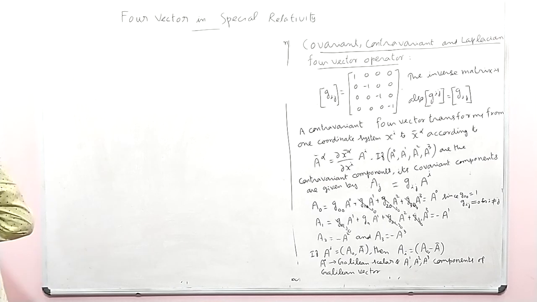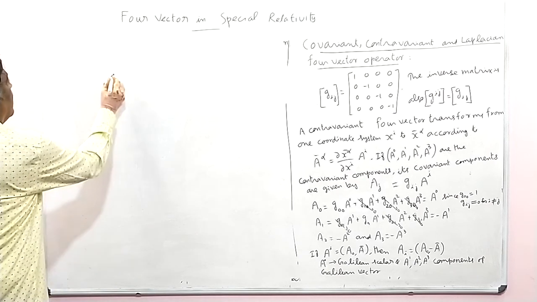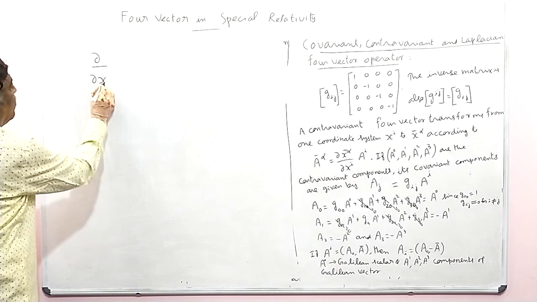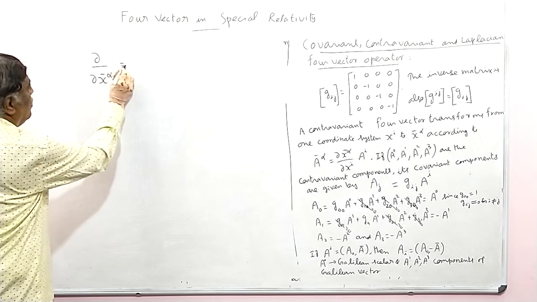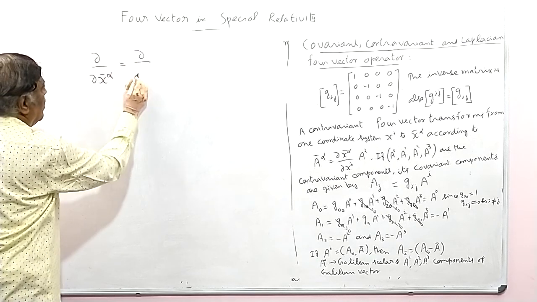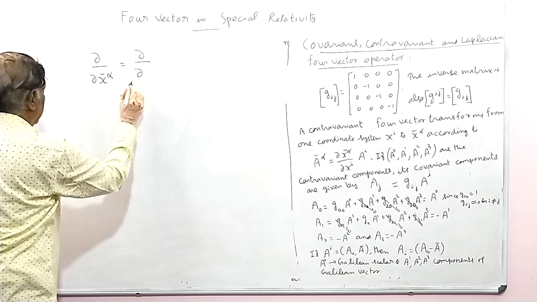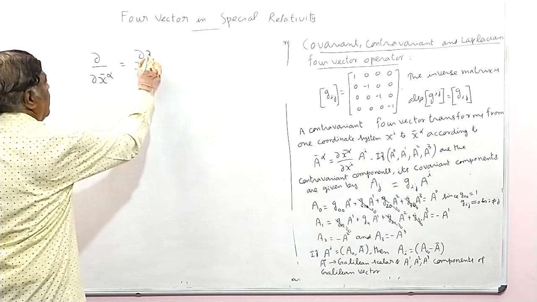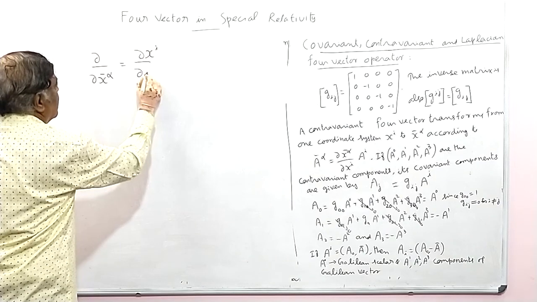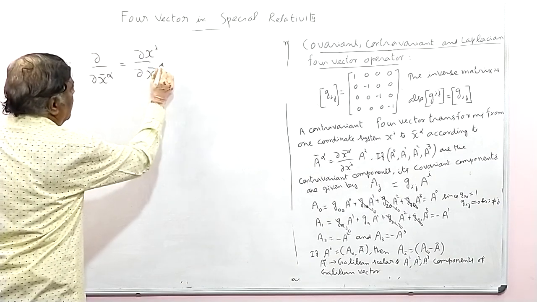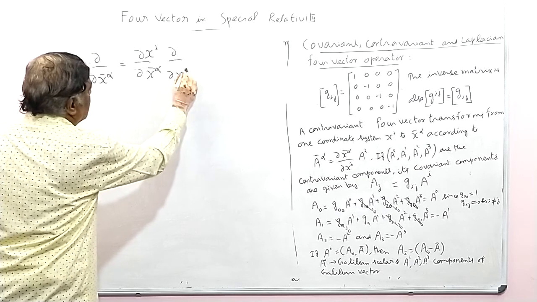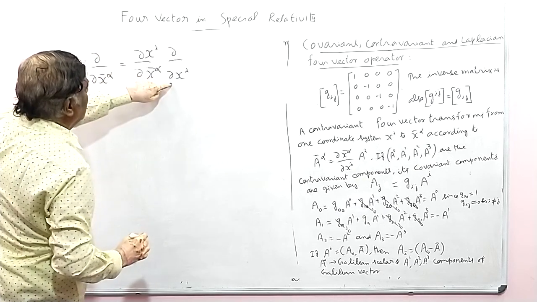Now let us find the differential operator. Consider partial d by dx^α bar is equal to partial dx^i by partial dx^α bar times d by dx^i.